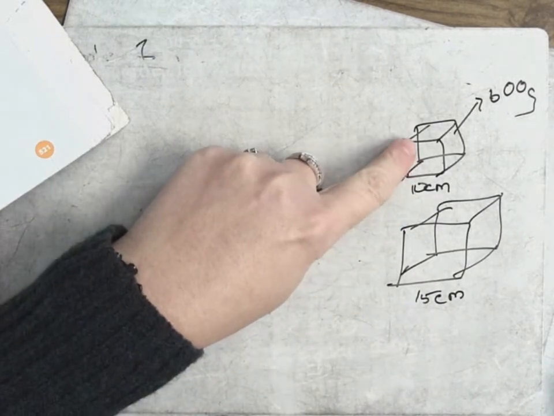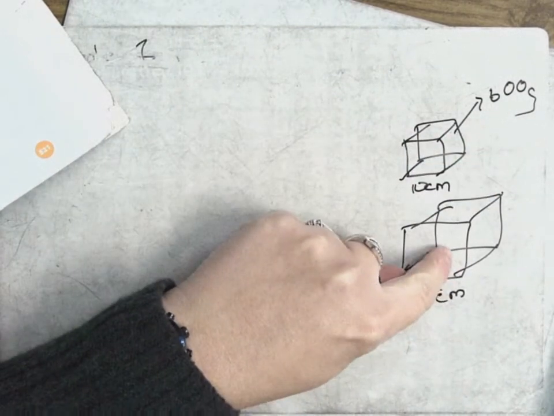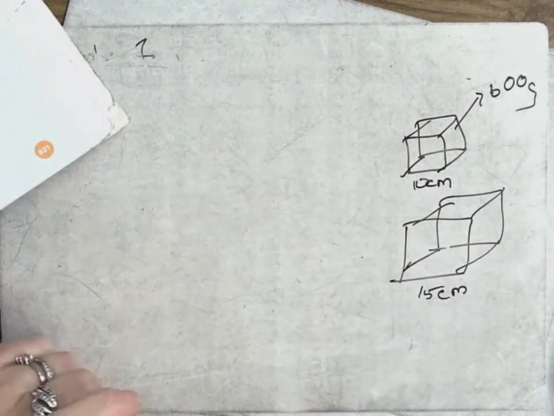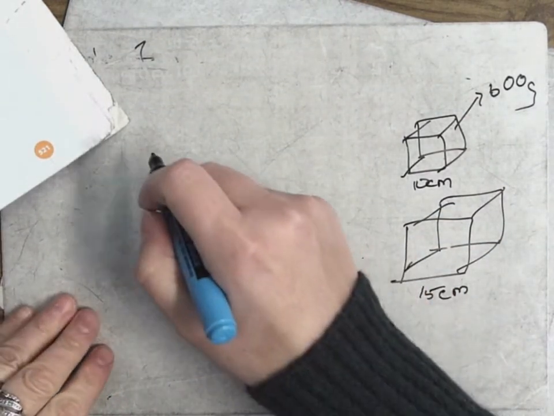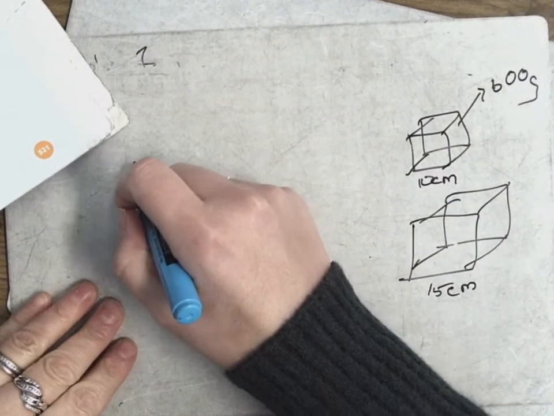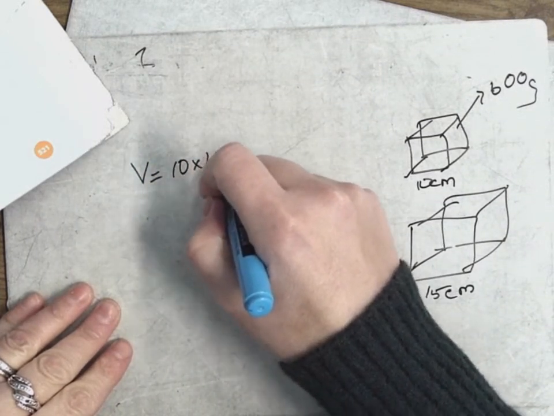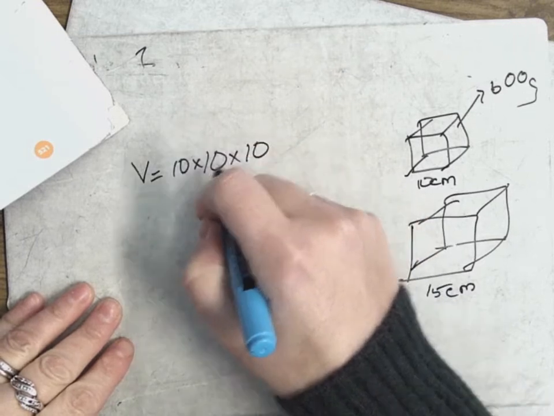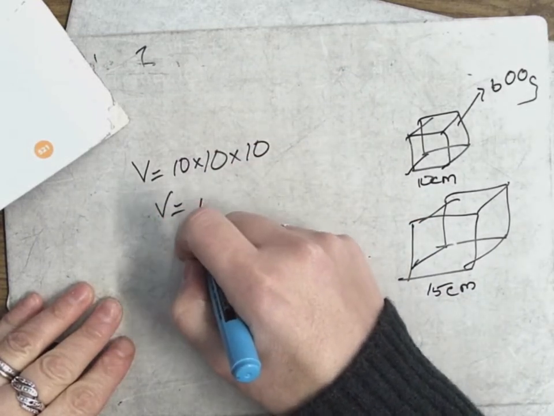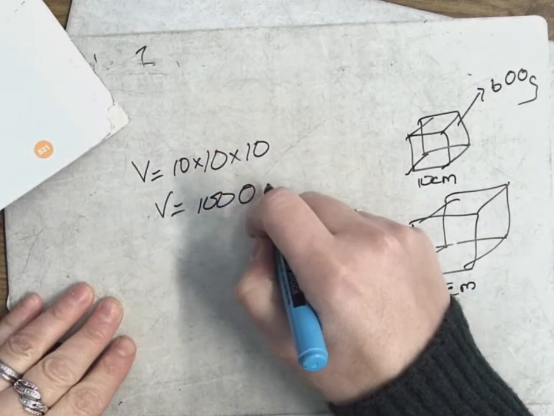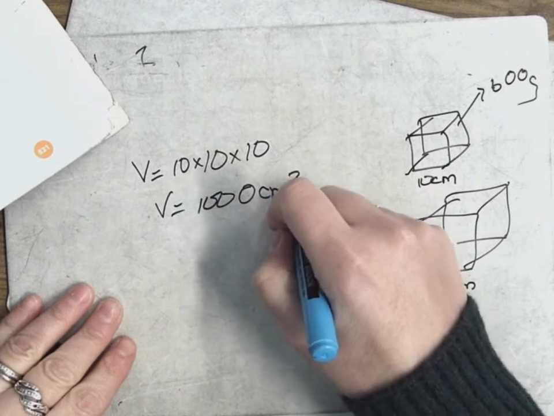So this one contains 600 grams and they want to know how much is in this one. Okay, so it's all proportion, but you have to do it in volume. So the volume of the small one is 10 by 10 by 10 into the calculator. With that you'll get 1,000. Is that alright?